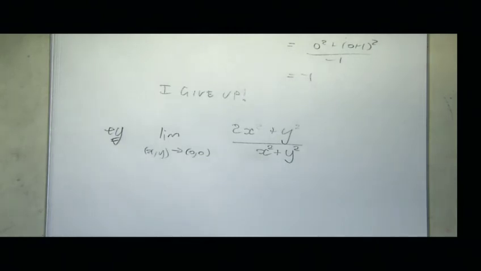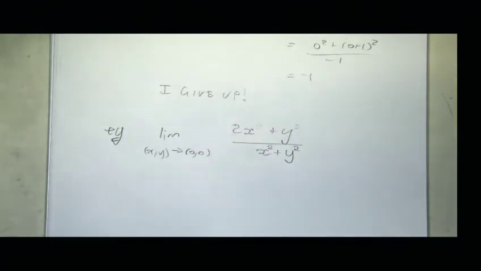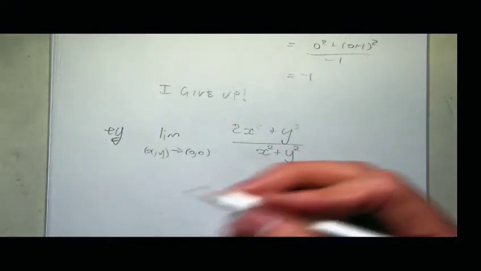And if I sub in x equals 0, let's just check this, I'll get y over y squared, which is 1 over y, which doesn't exist. Damn, I'm really trying hard here. But I'll do that one too.